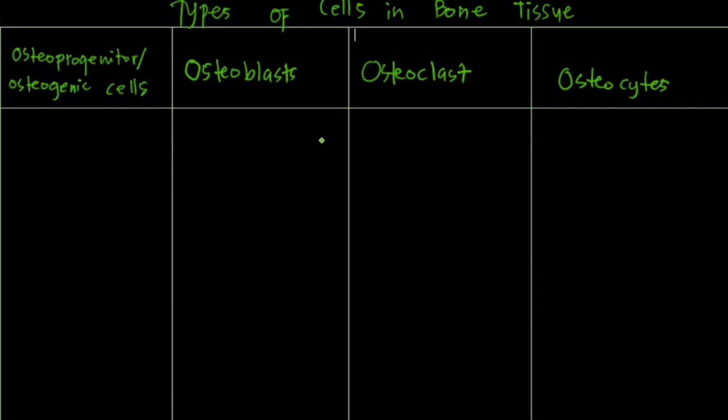Now, let's discuss them one by one. Your osteoprogenitor cells are unspecialized bone stem cells.